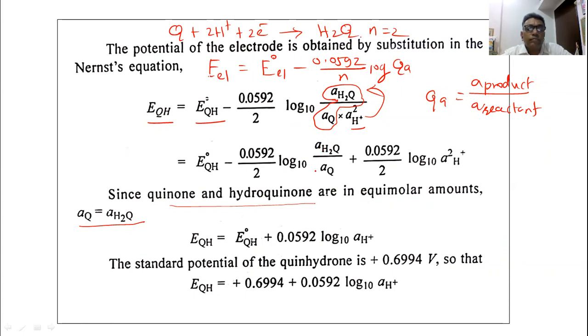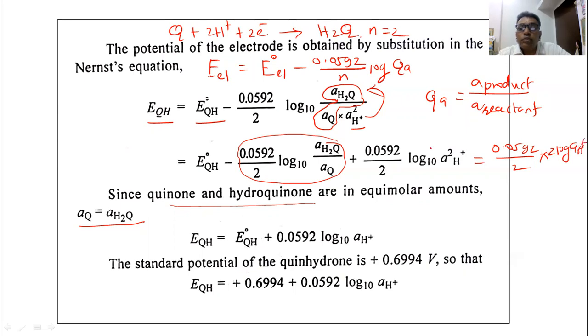So it is log 1, which is 0, and this term gets cancelled. So the electrode potential of the quinhydron electrode is equal to the standard potential of the quinhydron electrode plus 0.0592 divided by 2 multiplied by 2 log to the base 10 of the activity of the hydrogen ions.